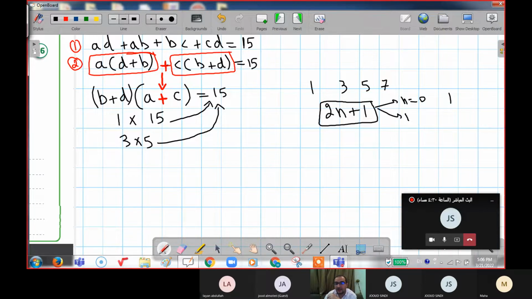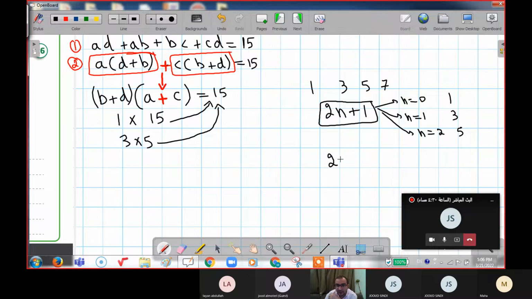If you choose n equal to 1, you will have 3. If you choose n equal to 2, you will have 5, etc. But we cannot have 0 here, because 0 cannot be written as 2n plus 1.